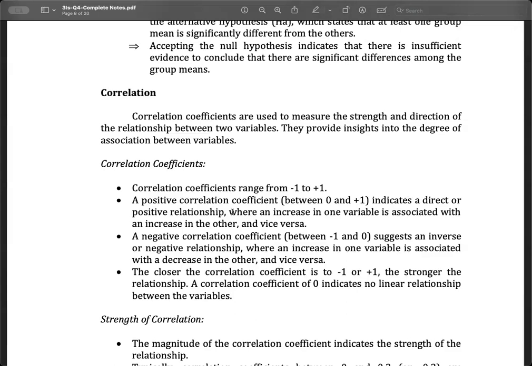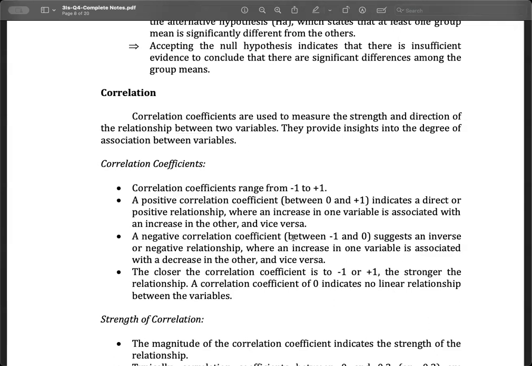That means if one variable increases, the other variable also increases. So both variables head towards a certain direction. If one goes up, the other goes up as well. That is for a positive correlation coefficient.